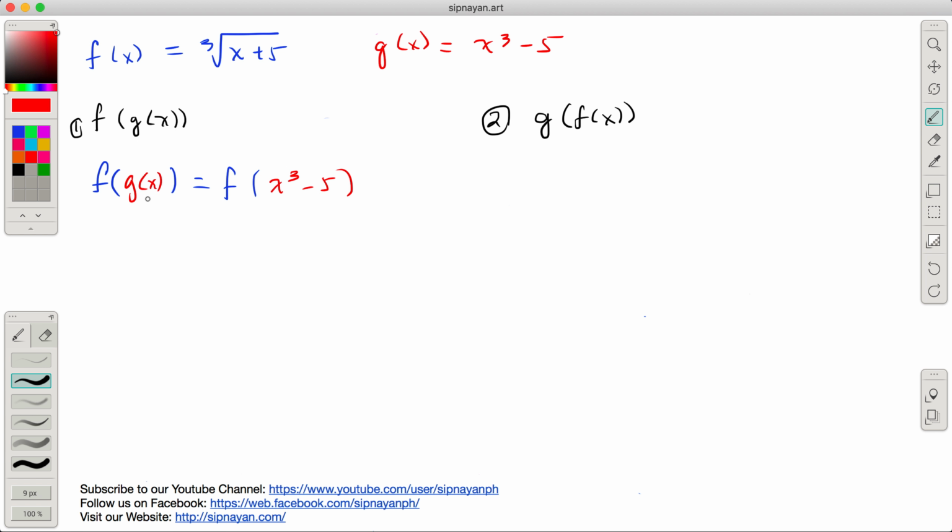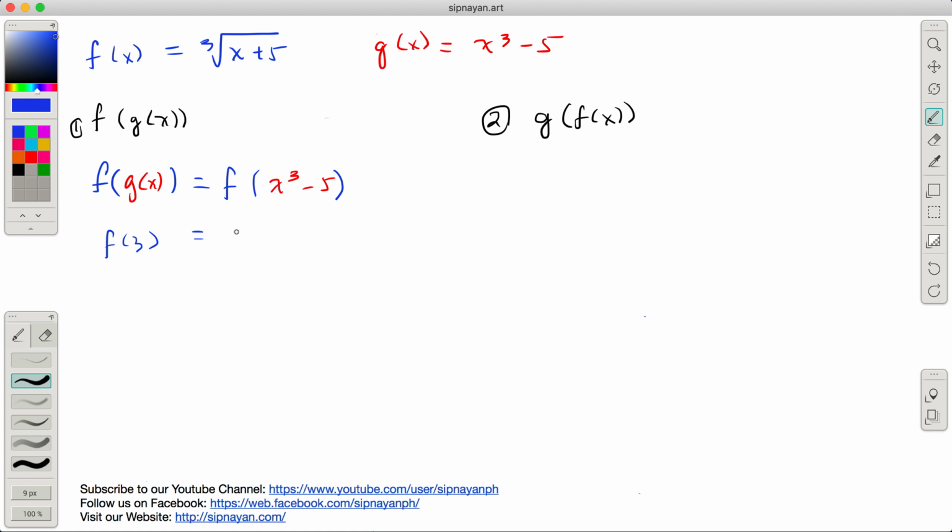And pag nandito yung x cubed minus 5 sa loob, ibig sabihin yun ang isa-substitute natin doon sa x, no? So, whatever the value here, for example, 3, no? Di ba pag nag-f of 3 tayo, sinasubstitute natin dun sa dito sa x, no?